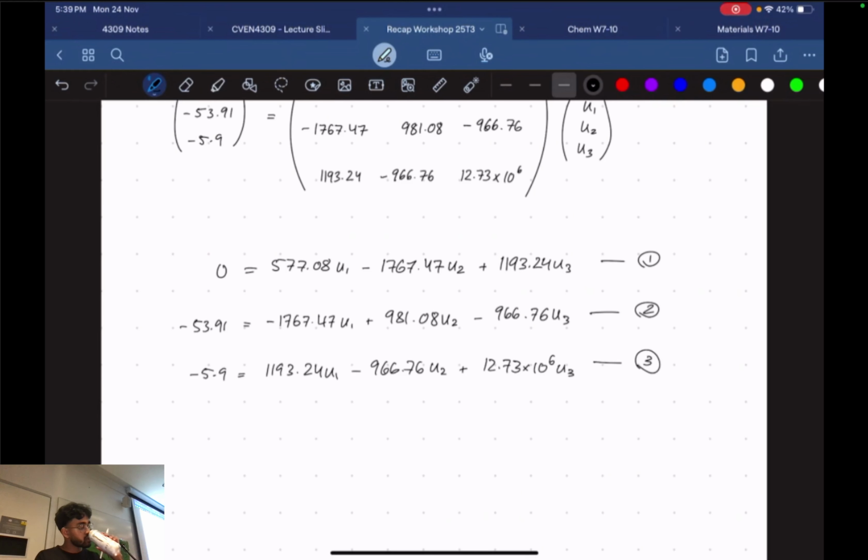Okay, so we've got 3 equations, 3 unknowns, so it is possible to solve. Just a bit tough. Let me try to figure this out.